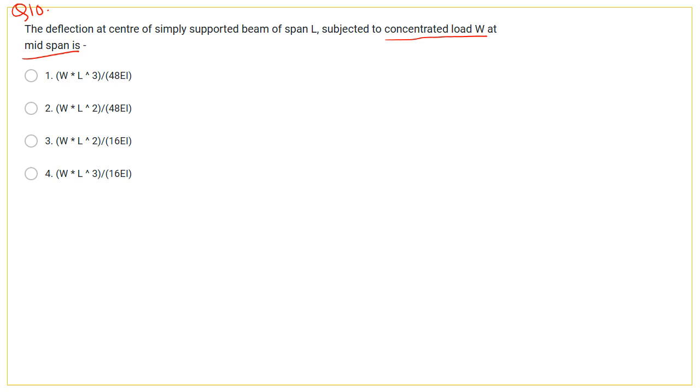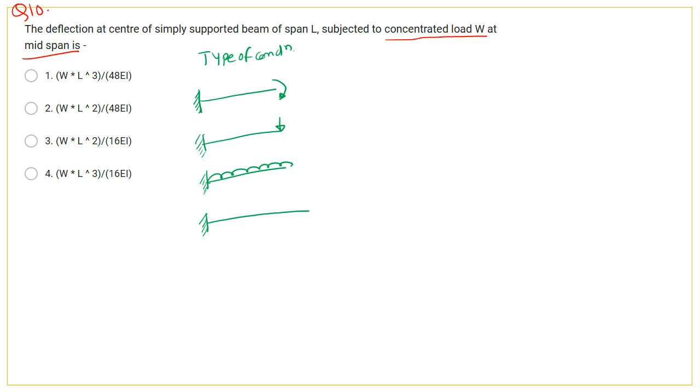First is the type of beam. Okay, first is cantilever beam with a moment at its end. Then second, cantilever beam with point load. Third one is cantilever beam with UDL. Then fourth one is cantilever beam with uniformly varying load UVL.